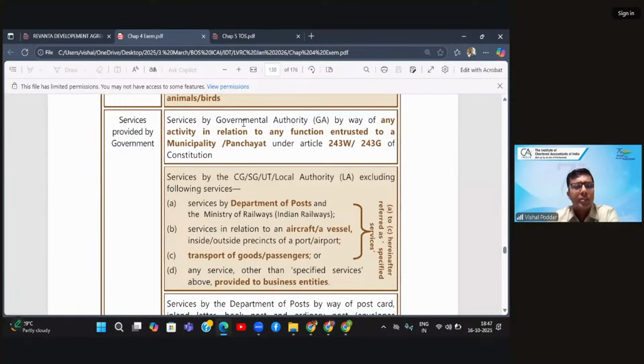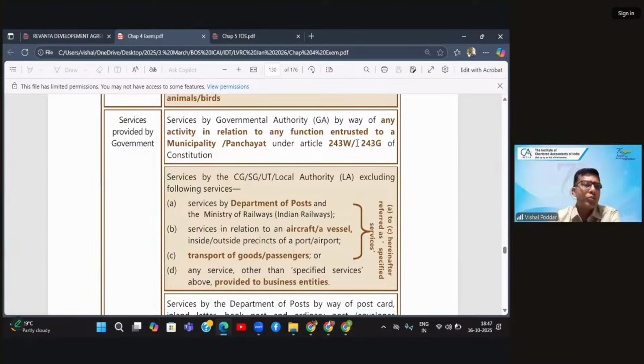So what all things are exempt? Where the service is provided by a governmental authority, how? By way of any activity which is a function entrusted to a municipality or panchayat by the constitution. And how has the constitution given them these functions? It has entrusted these functions by way of two articles, 243W and 243G.